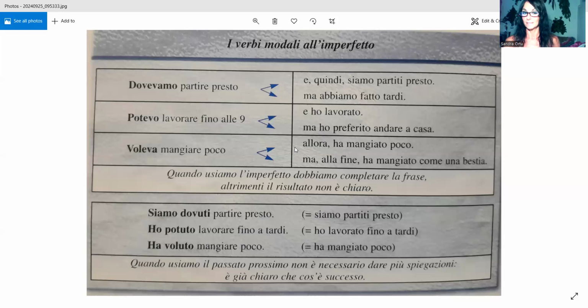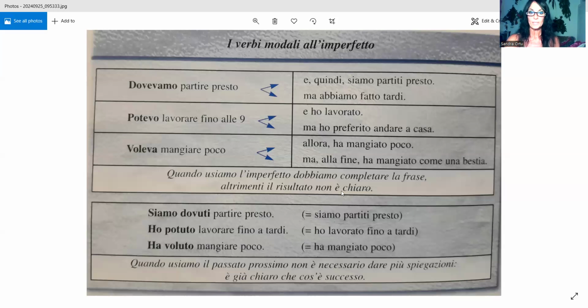Either he did eat a little, or he ate like a beast. So as we said, using the modal verbs in the imperfect tense is more about intentions, possibilities, and potential. But we need to finish the sentence and say exactly what did happen in the end.